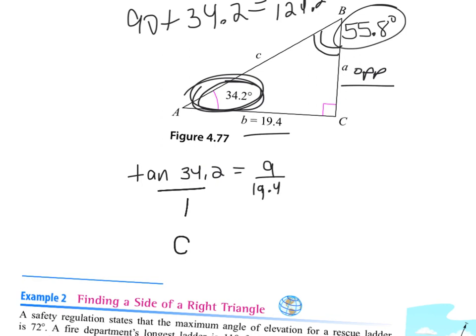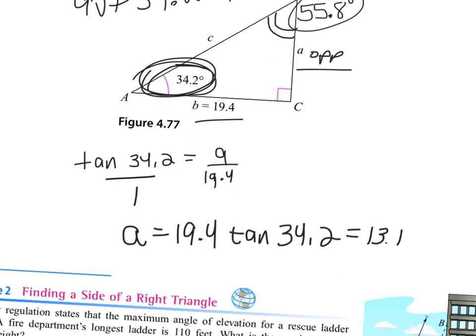So if I cross multiply, I have A equals, and I just have 19.4 tangent 34.2. Do that in your calculator. 19.4 tangent 34.2. What do we get? 13.184.